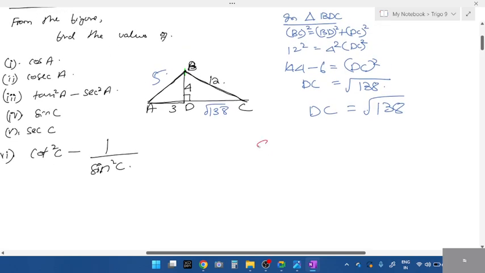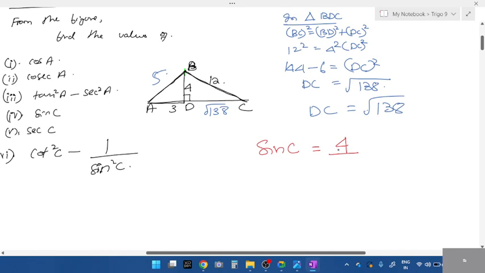Next one is sin C. What is sin C? Yes, for angle C, which is the perpendicular, students? 4 by... no, no, wrong. For sin C, hypotenuse.